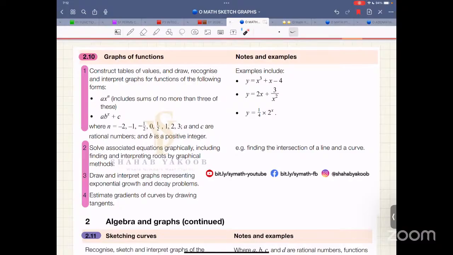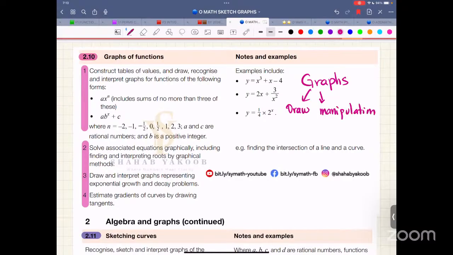That is one thing. And then draw and interpret graphs representing exponential growth and decay problems and estimate gradient of curves. So now all this thing, this is about graphs. This is about drawing. This is about algebraic manipulation.